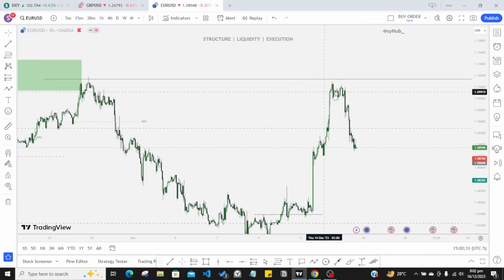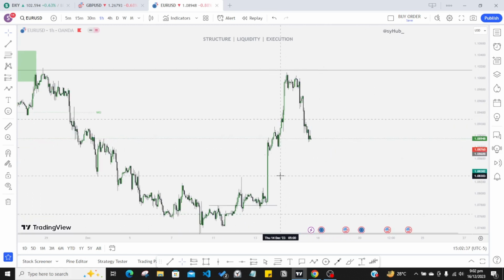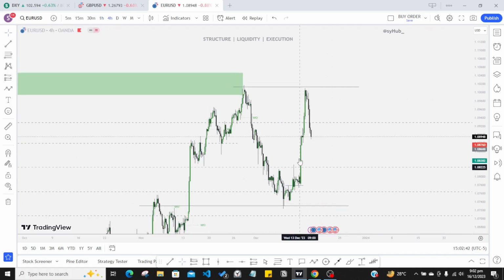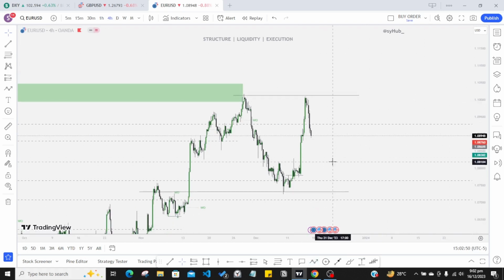So we are still expecting price to trade up to this level after retracing, maybe taking out this to the downside and trading into a 4-hour discount level, and we might see price continue the displacement. So yeah, this is just a quick breakdown on how price delivered this week.